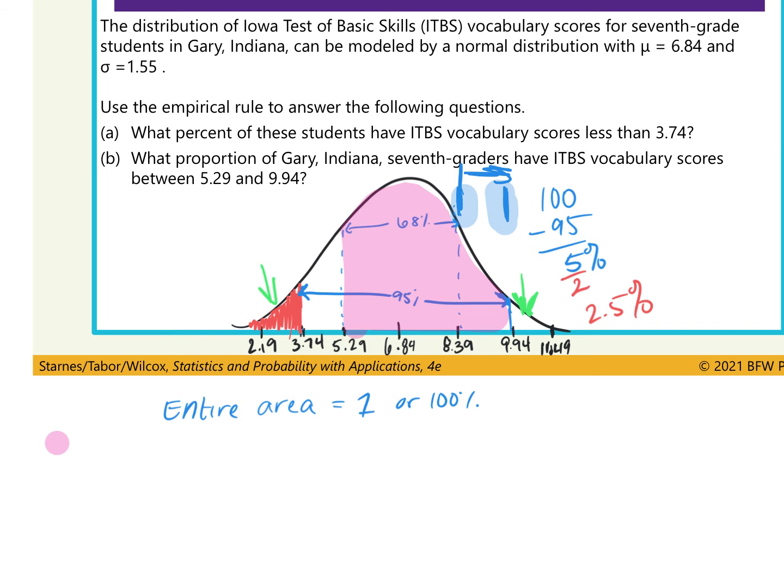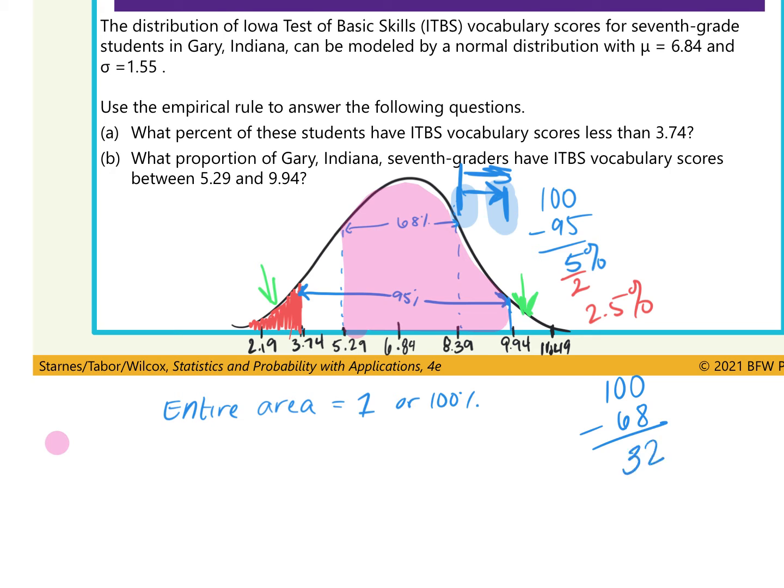Okay. What do we know? Once again, the whole thing is going to add to 100. So can I figure out how much is above 68%? 100 minus 68 gives me 32.